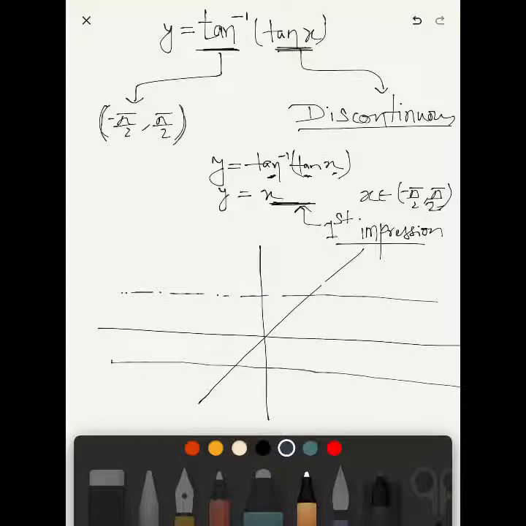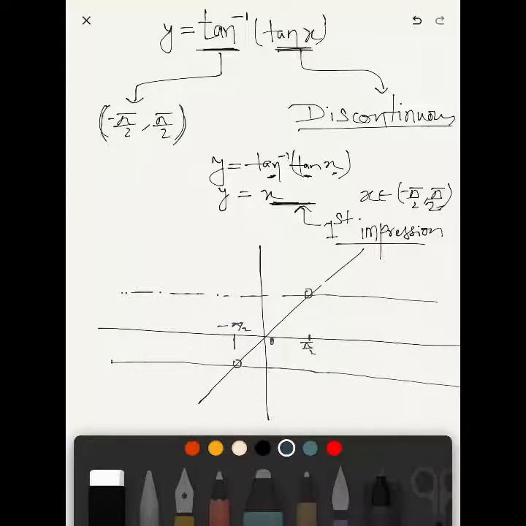Okay, so I am distinguishing this with a hollow circle. Okay, here we have no value. Since this is pi by 2, here you will have pi by 2 on the x-axis, and here you will have minus pi by 2. Okay, and this is your 0.